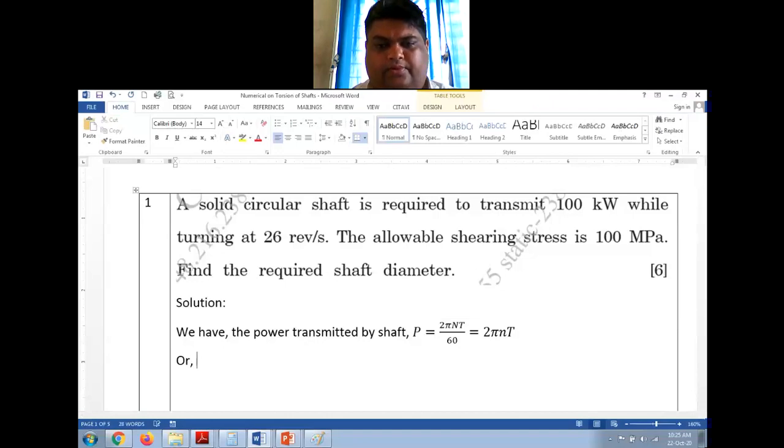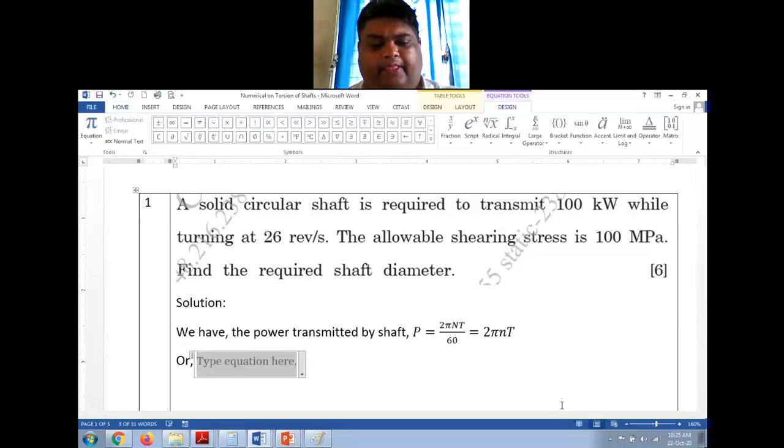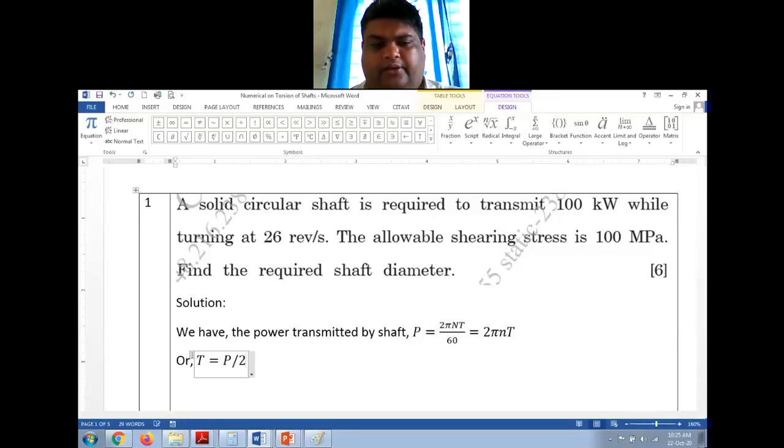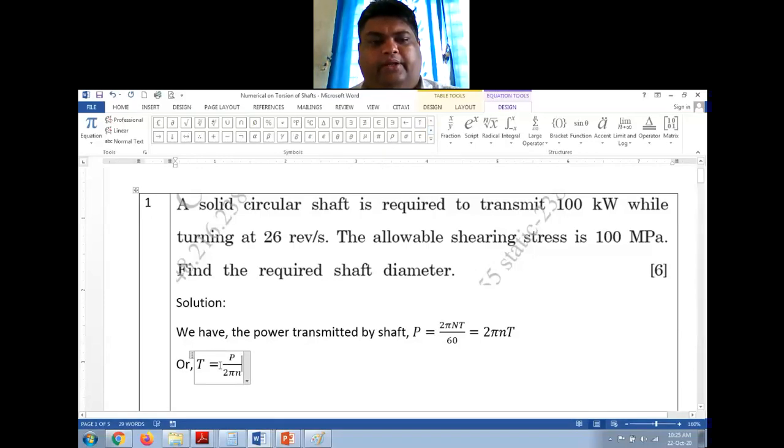From this I can find T. T is equal to, this will go on the other side as denominator, P by 2 pi N, right? Now let us substitute the values.